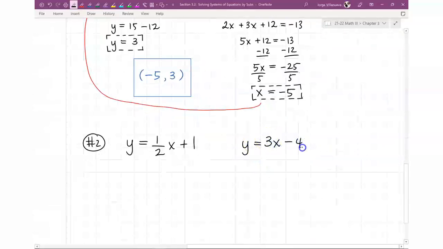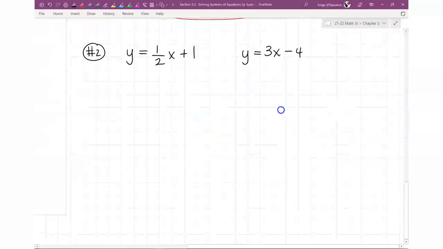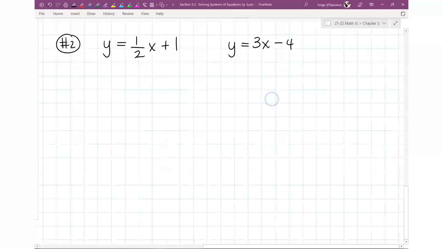Notice again that I am writing them side by side, okay? Because I wanted to give myself room to work. Now, I usually go left to right, but it doesn't matter. You can go right to left, whatever you feel comfortable doing. So, I'm just going to go left to right. I'm going to plug into here.